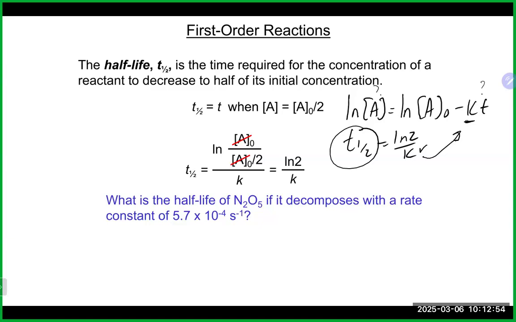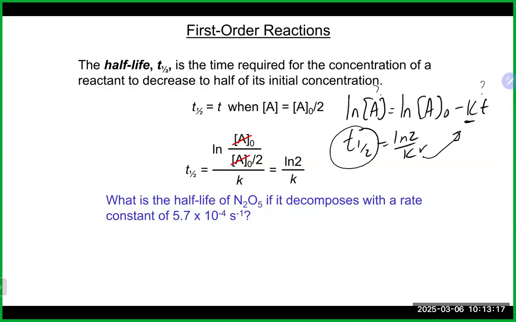So if you feel like you're missing something, but they give you that half-life information, you oftentimes will use the half-life equation to get the rate constant and then use the rate constant in the integrated rate law. So very commonly you have to use these two equations together, and that's usually the case, especially if they give you the half-life.